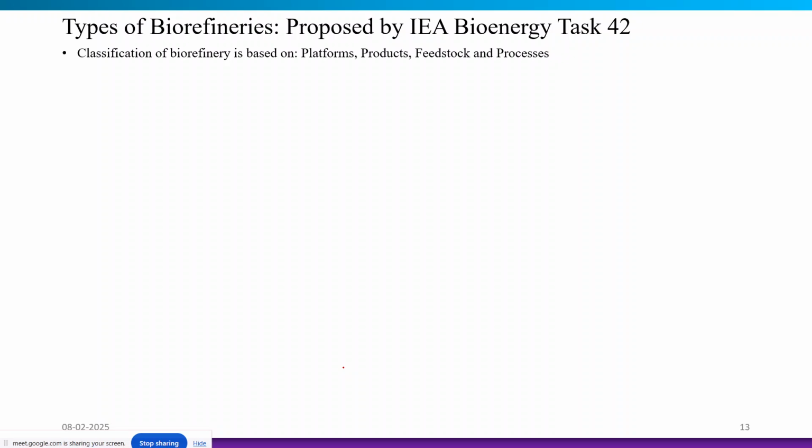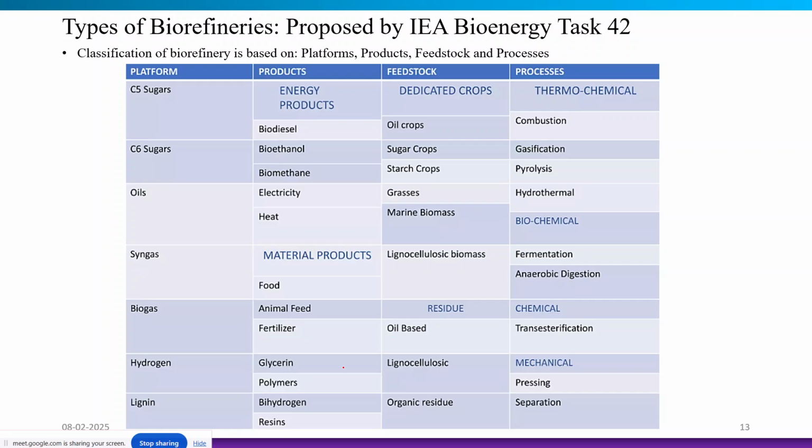These are the types of biorefineries proposed by the IEA Bioenergy Task 42. They are classified into four categories: by means of platforms, products, feedstock, and processes.